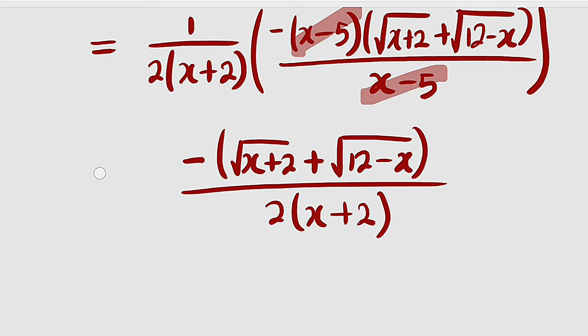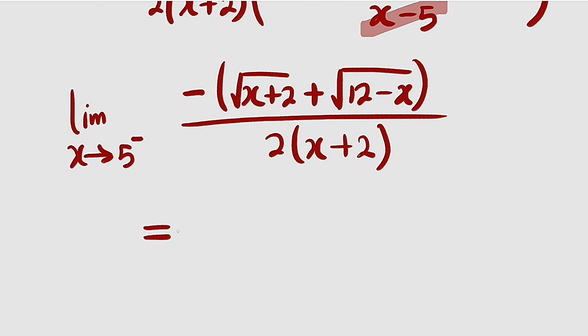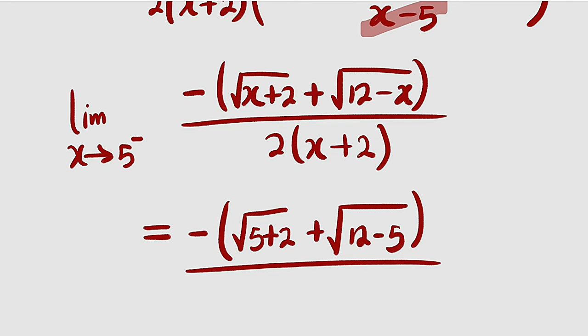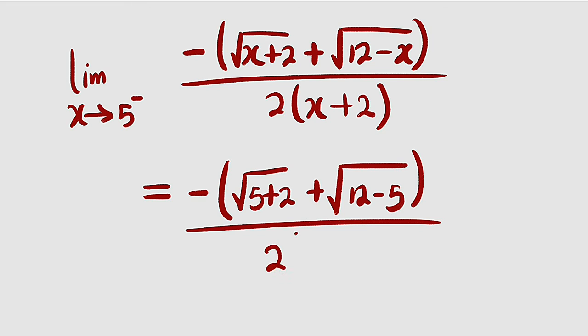So from here, I can apply my limit directly. Remember that this is the limit as x approaches 5 from the left-hand side. So let us substitute x equal to 5 and see. So this is equal to negative the square root of x, which is 5 plus 2, then plus the square root of 12 minus 5 to the top, and to the bottom we have 2 multiplied by x, which is 5, plus 2.